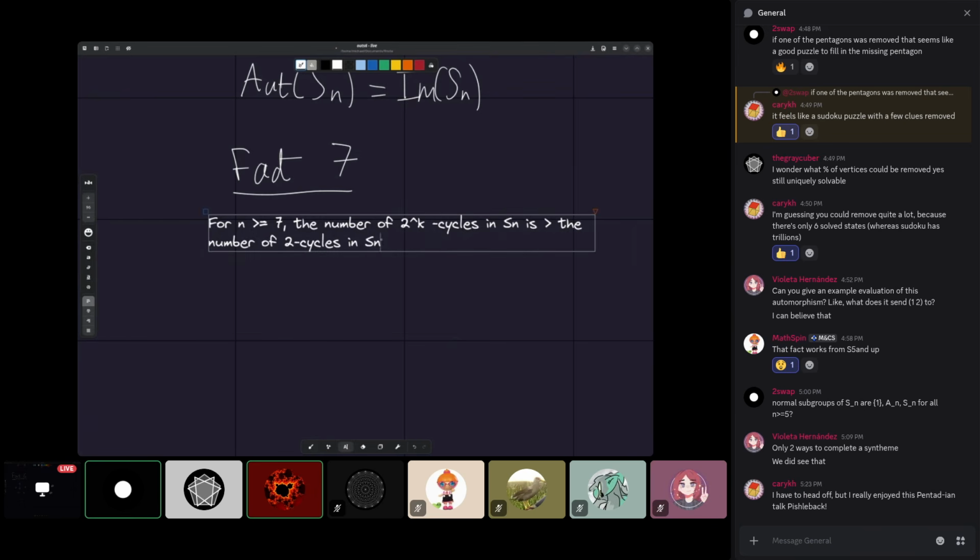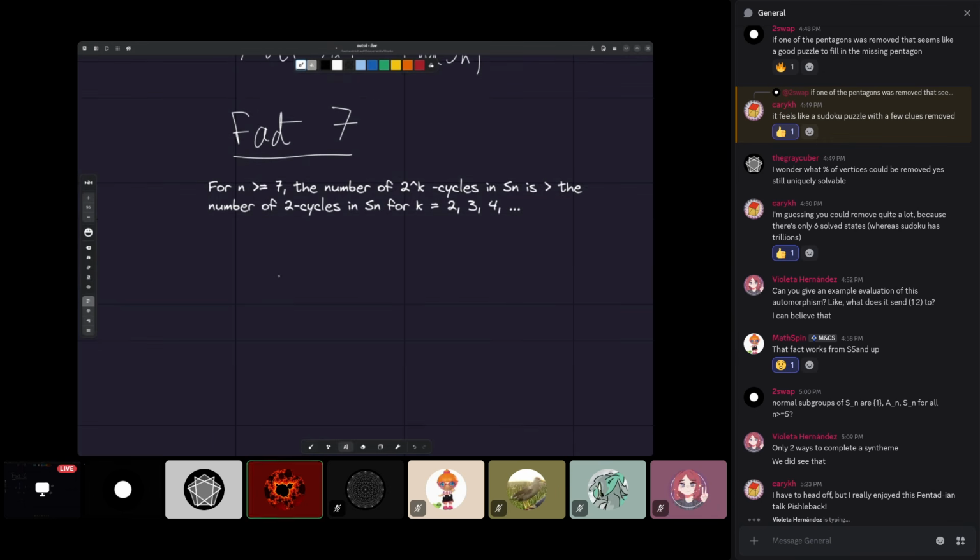So it is a conjugacy class based argument. Yes, exactly. But what if the number of 2 to the 2 cycles equals the number of 2 to the 3 cycles?